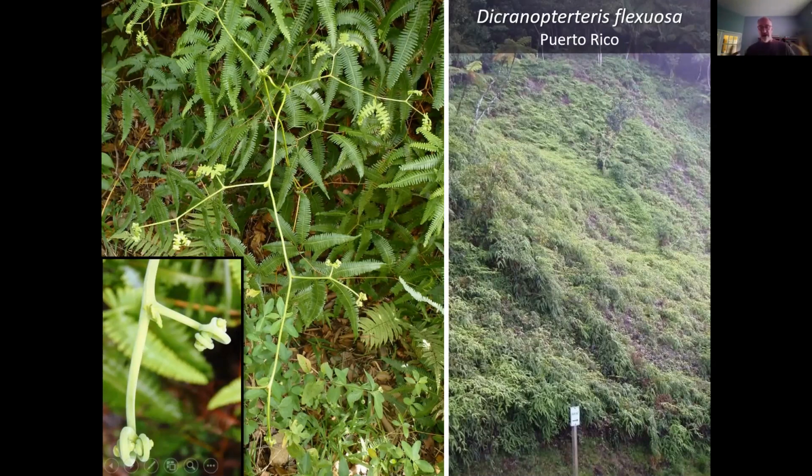And so it's a vining kind of structure that sort of defies our sense of what a stem and a leaf is. But they can take over an entire hillside. This is a large landslide on the road up to El Yunque Peak in El Yunque National Forest in Puerto Rico. And all of that vegetation there is Dichronopterus.